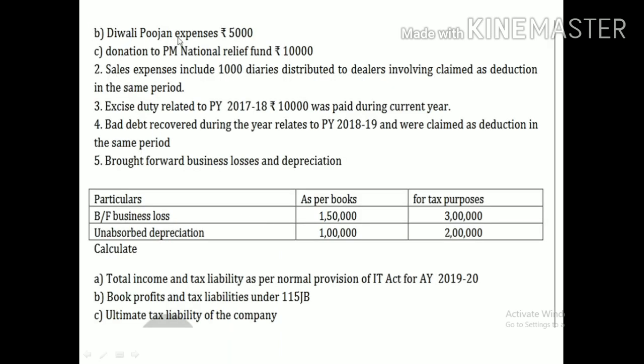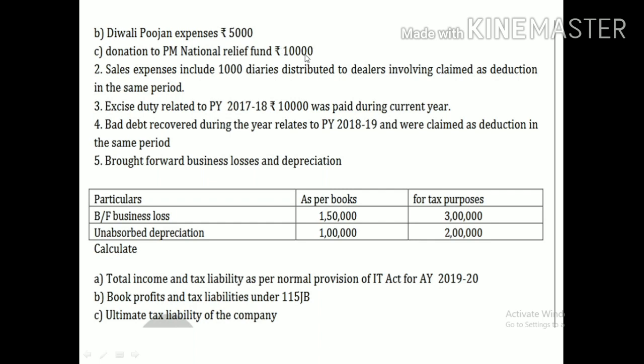Second, Diwali Puja expenses 5,000, also included in the general expenses, so it is allowable, already included, so ignore. Then donation to PM National Relief Fund 10,000, included in general expenses. A donation to any fund should be considered inadmissible expenses and should be added back. How much add back? 10,000.